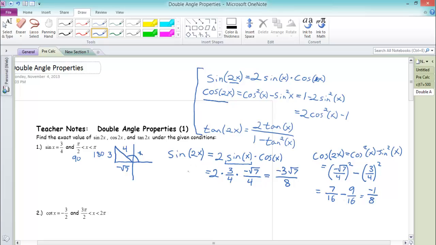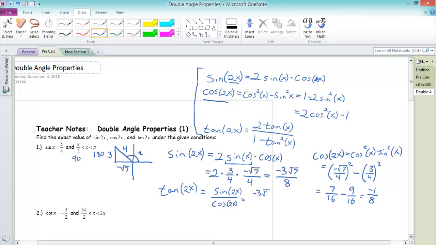Okay, and then lastly, we have the tangent of 2x. Now, since I've already taken enough time to solve for the sine of 2x and the cosine of 2x, I can realize that the tangent of 2x is just going to be the sine of 2x divided by the cosine of 2x. And when I divide fractions, I take the bottom one and I flip it over.